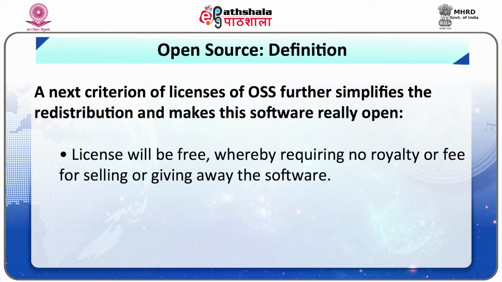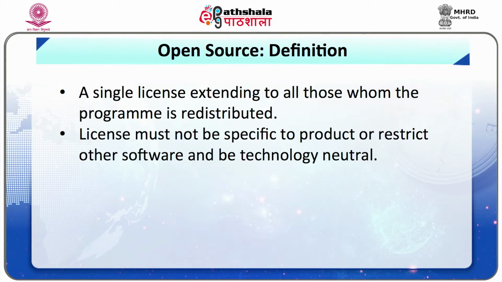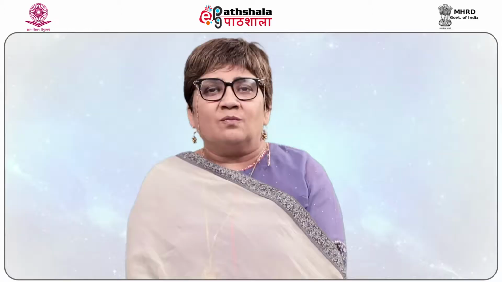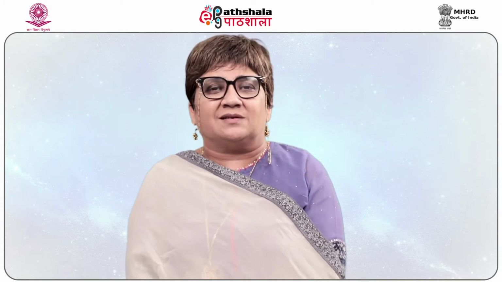It will be free, whereby requiring no royalty or fee for selling or giving away the software. A single license is extended to all those to whom the program is redistributed. Then the license must not be specific to a product or restrict other software, and must be technology neutral. Moreover, there will be no discrimination against persons or groups or any fields of endeavor. It's actually neutral. I mean, everybody can use it.